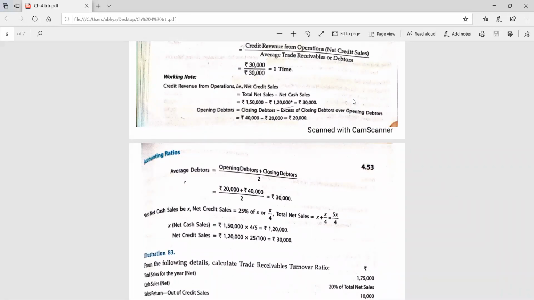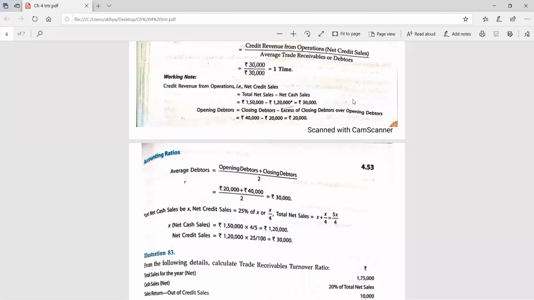Net credit sales are 25% of X. Total sales X plus X by 4 is equal to 5X upon 4, which equals total sales. The value of total sales is given as 1,50,000. So you just have to find the value of X. I think you all know how to make equations and find the value of X, because it is a topic of 7th, 8th class maths.